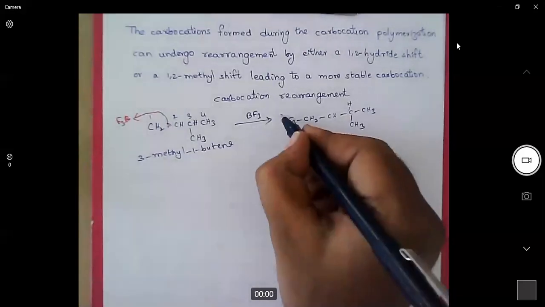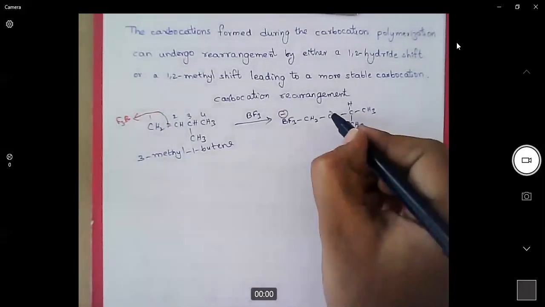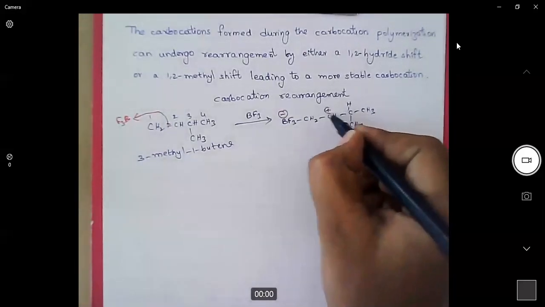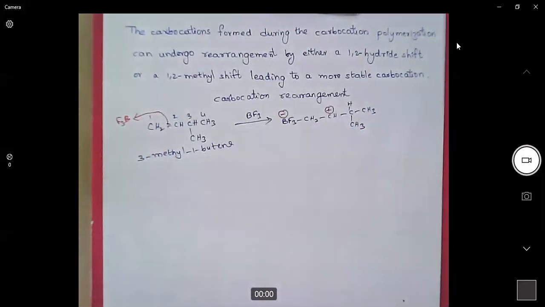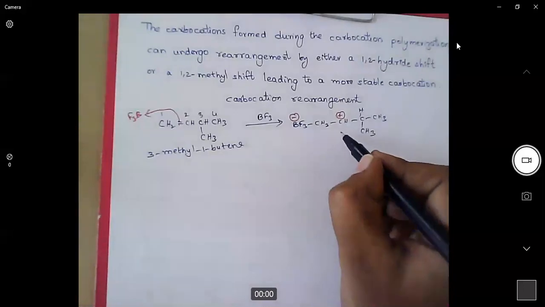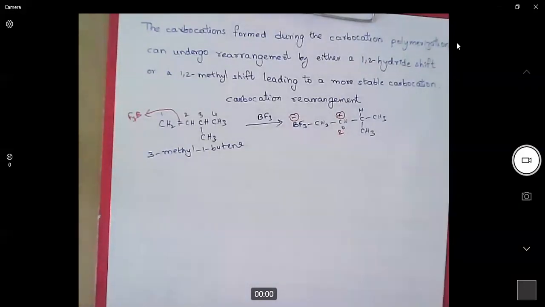Since BF3 is gaining electrons, it will get a negative charge. Since the carbon loses electrons, it will gain a positive charge. Now, this carbocation is a secondary carbocation.